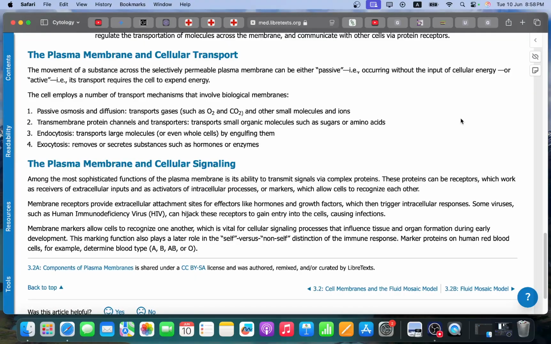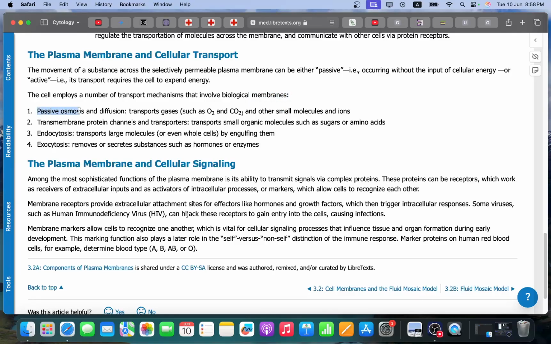Okay, the plasma membrane and cellular transport. The movement of substances across the selectively permeable plasma membrane can be either passive, that is, occurring without the input of cellular energy, or active, i.e., transport requires the cell to expend energy. The cell employs a number of transport mechanisms that involve biological membranes.